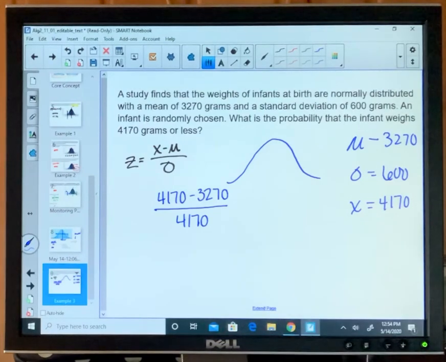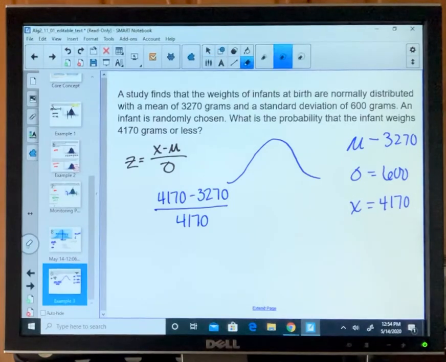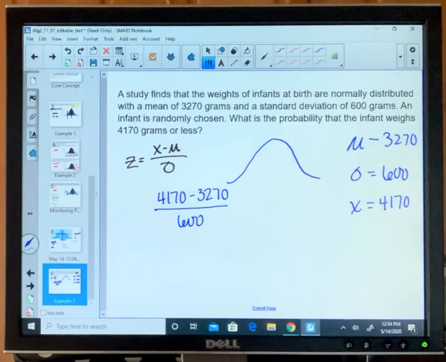I'm going to grab a calculator and type that in to get my z-score. Oh, I stink. It's not 4,100, it's 4,170 divided by the standard deviation, which is 600. I was like, that doesn't make any sense. And I get my answer as 1.5.